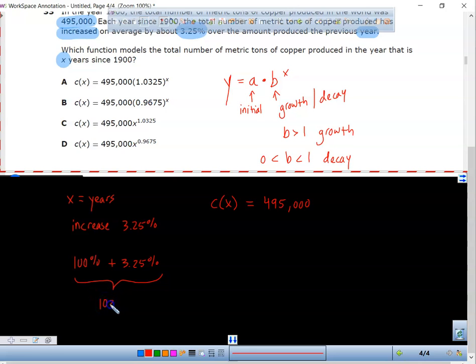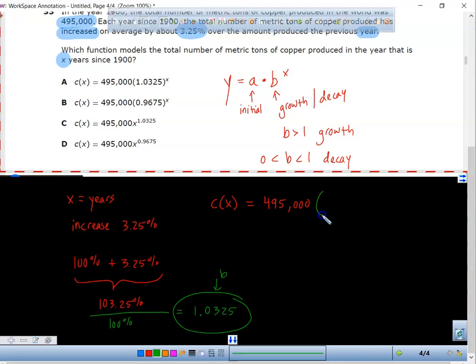103.25%. Now, if you don't know how to change percentage to a decimal, here's all you have to do. Whatever the percentage is, just divide it by 100%, and that gives you the decimal 1.0325. This is your B value.